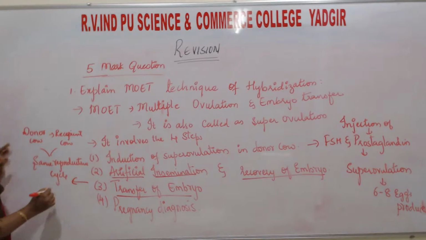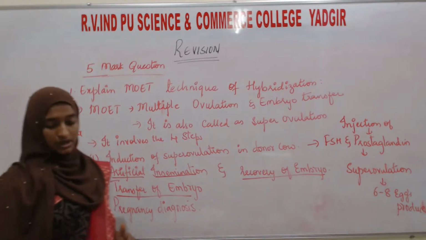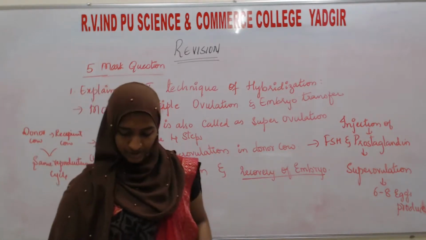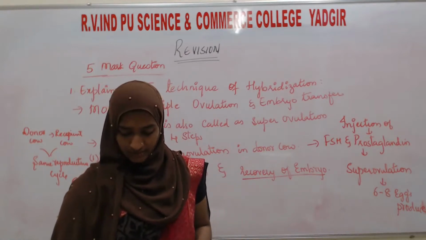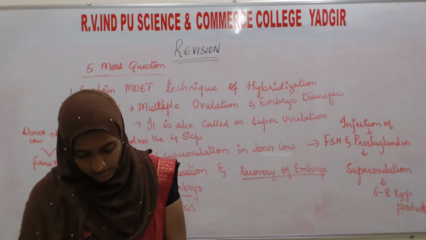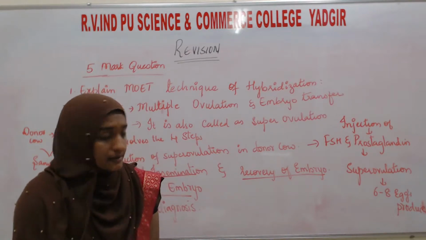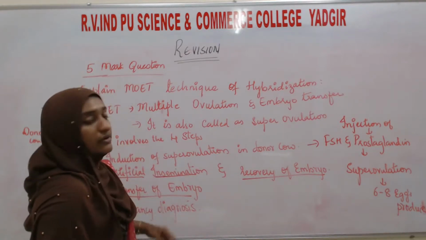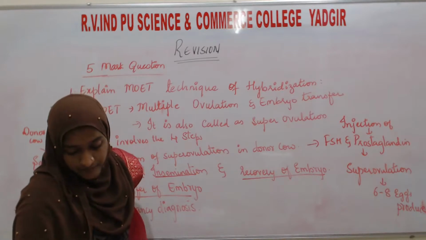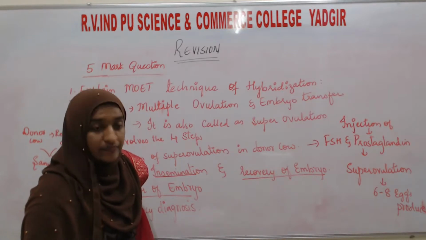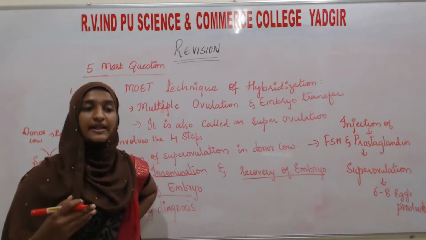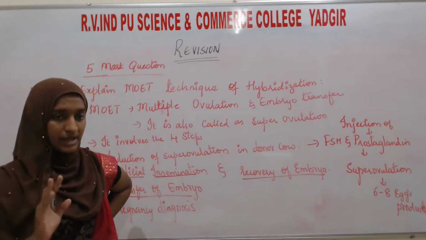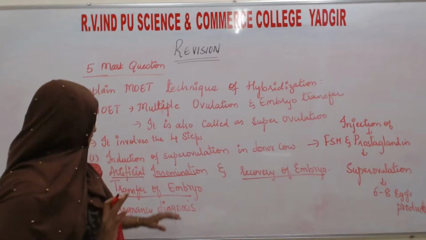This is the first thing you have to mention. Then the embryo is transferred to the uterus through an instrument known as a catheter. That much is enough to write here.